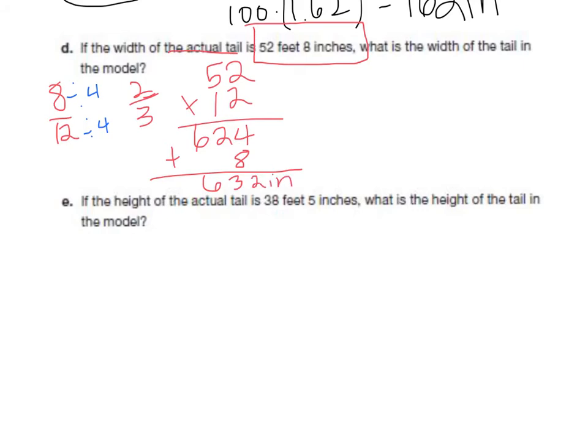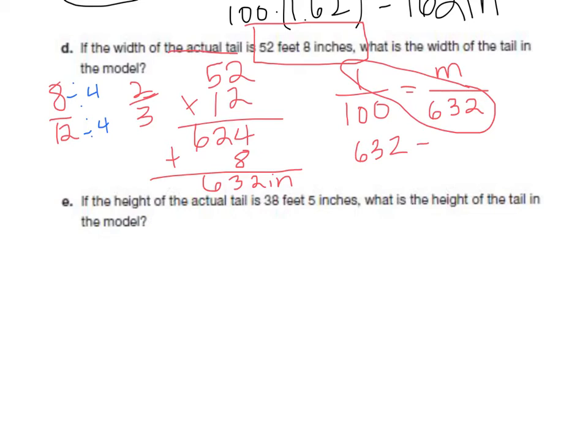We're going to use the same scale of 1 to 100, and that's going to equal, they gave us the actual, which was 632, so we're looking for the model. We have our proportion. We are going to cross multiply. 632 times 1 is 632.